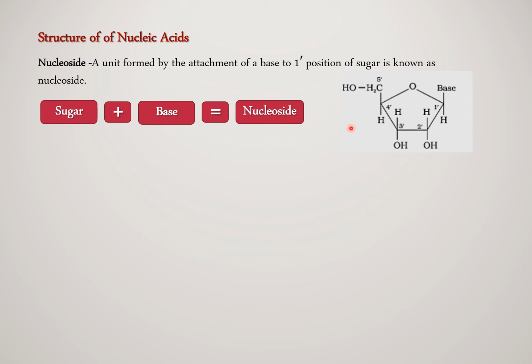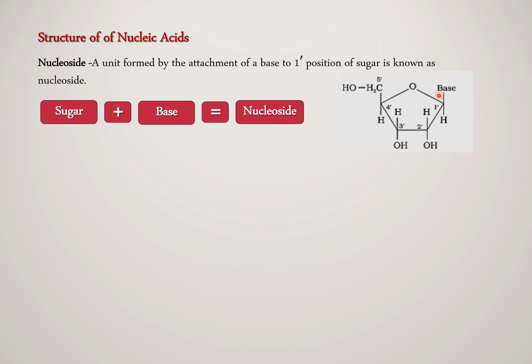So I was talking about, this is the sugar moiety and we are having carbon number 1, 2, 3, 4, 5, which are all indicated with a dash so that you can identify the position of the sugar. And at this carbon number 1' position of the sugar, what is attached?